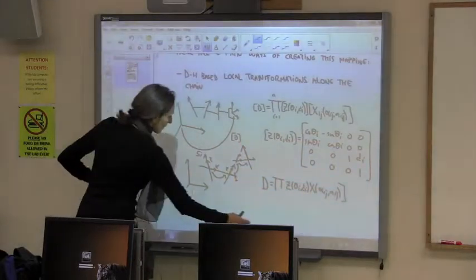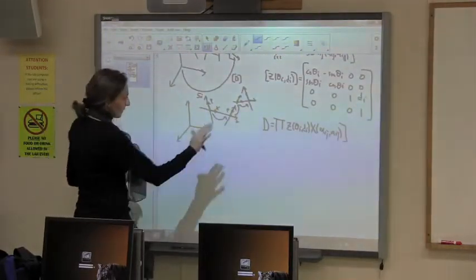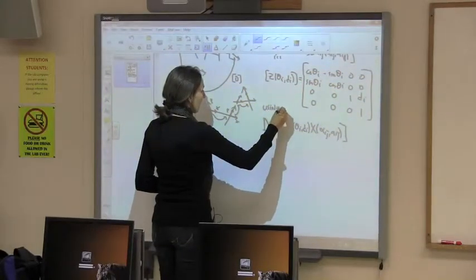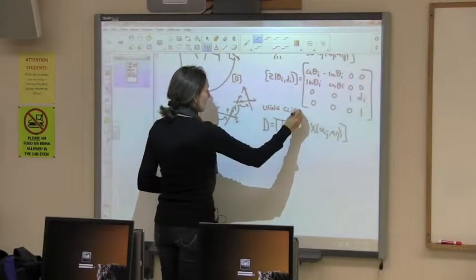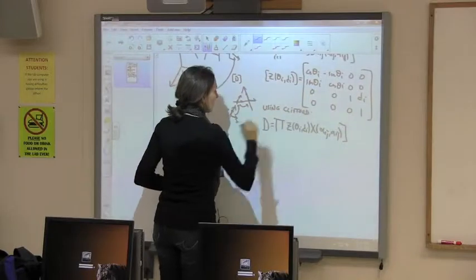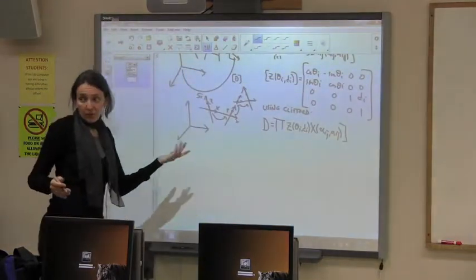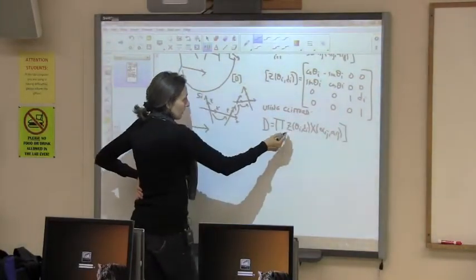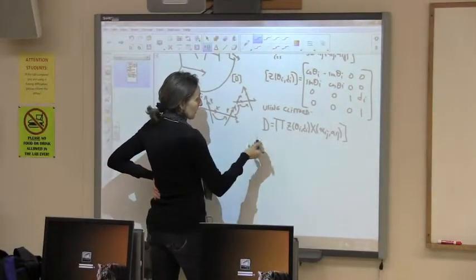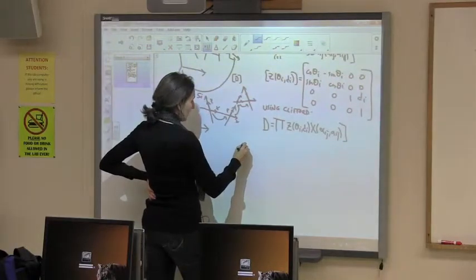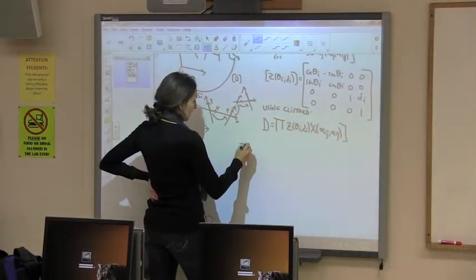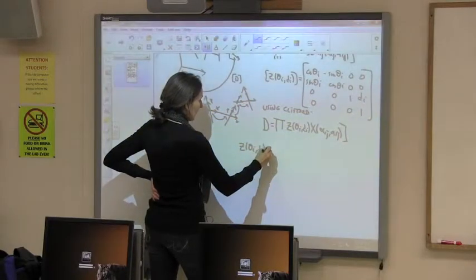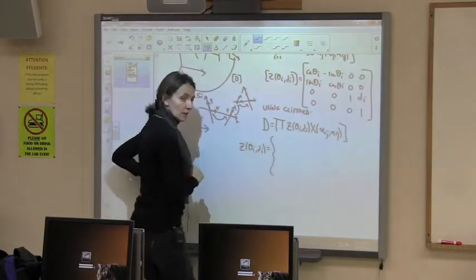Let me just extend a little bit and write this using Clifford. You still need the Denavit and Hartenberg parameters, the relative location between the joint axes. This would be the Clifford product, and then, for instance, the Z of theta_i, d_i, we know how that is going to look.